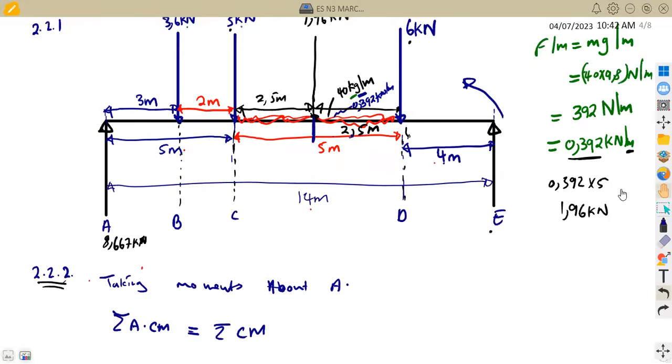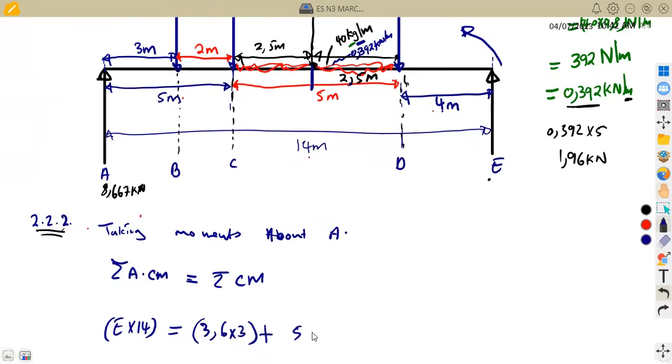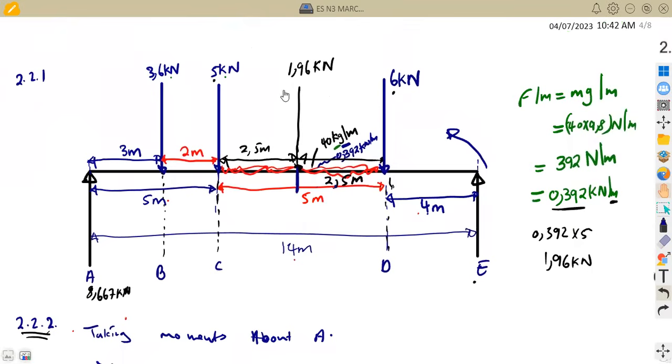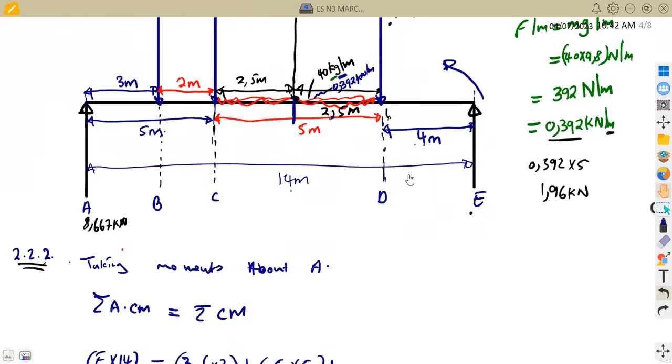Plus we move on to another one, which is the 1.96 as a point load now. So that's 1.96 times the distance between. We've got 5 meters and the 2.5 meters. So if we add 5 plus 2.5 back to A, that is going to be 7.5.